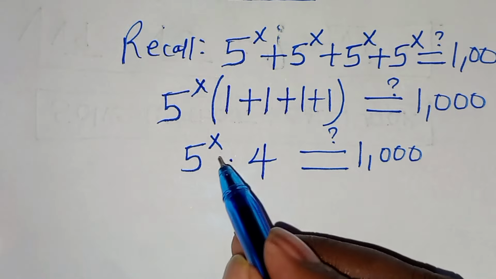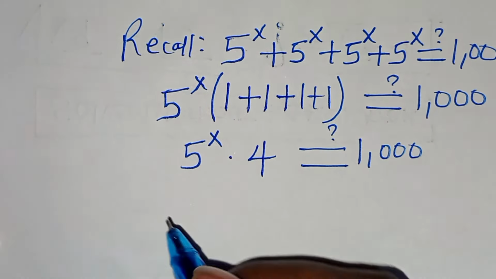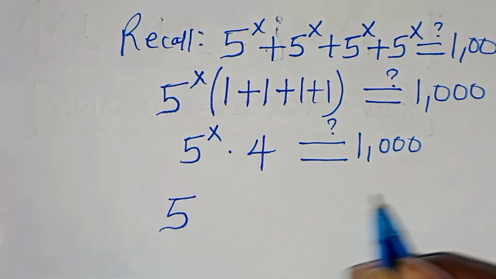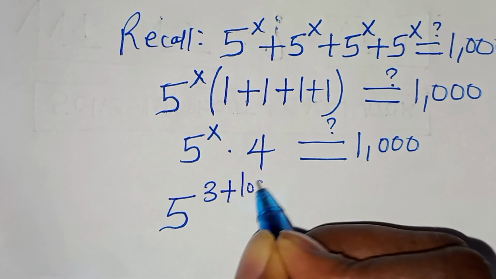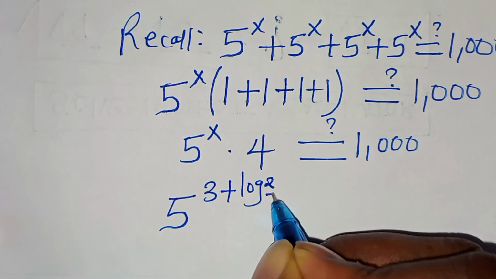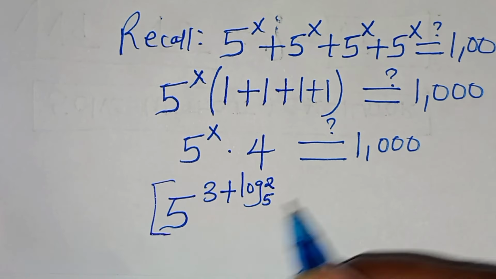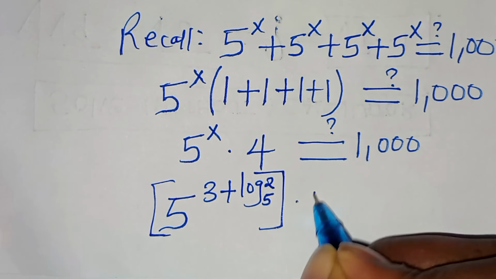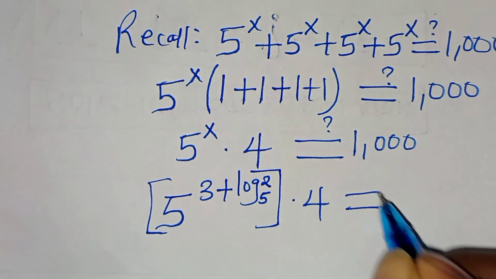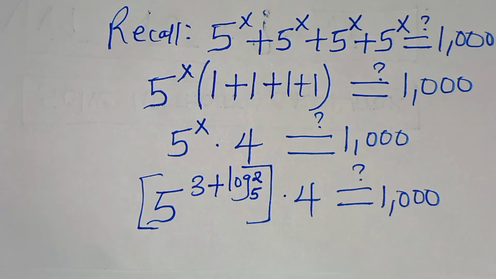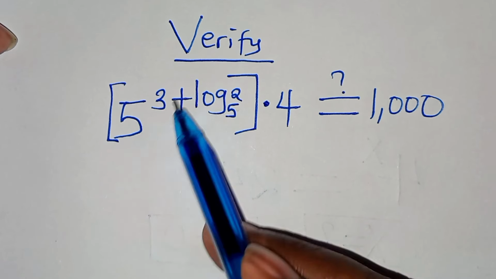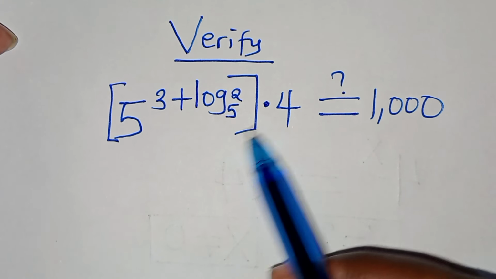So now, let's substitute the value of x here, so that we have 5 to the power of 3 plus log 2 to base 5, everything multiplying by 4. This should give us a value of 1000. Now we have 5 to the power of 3 plus log 2 to base 5.